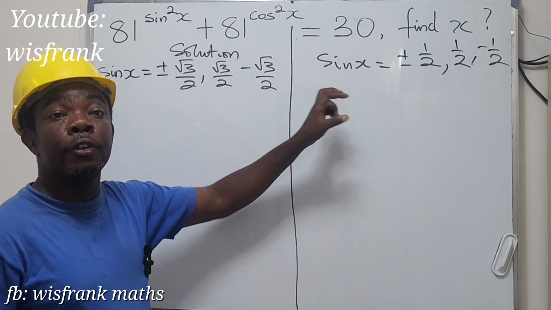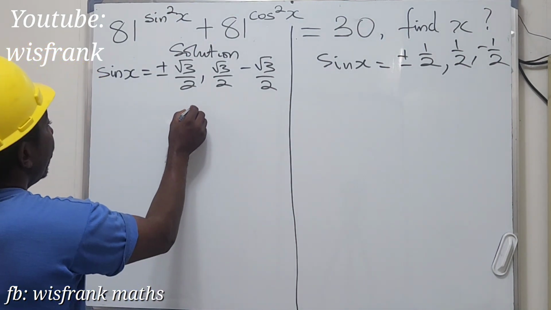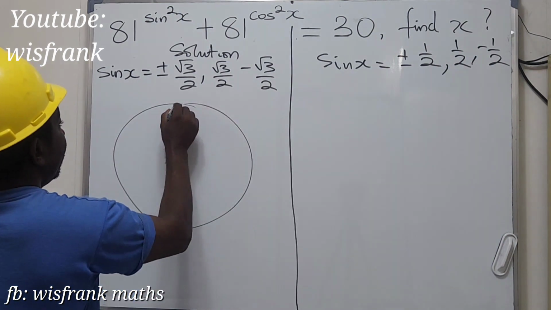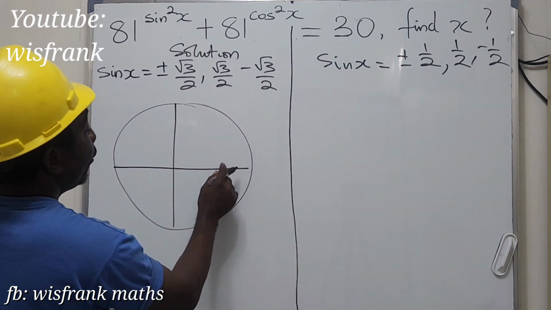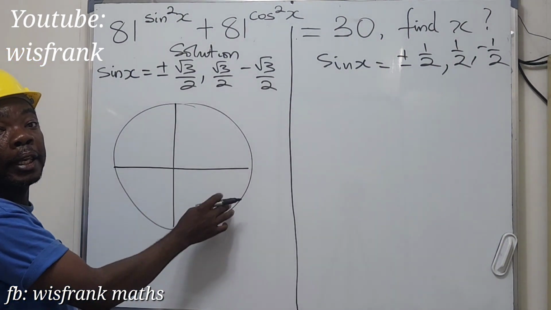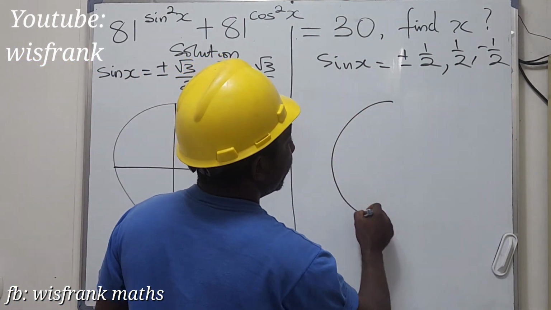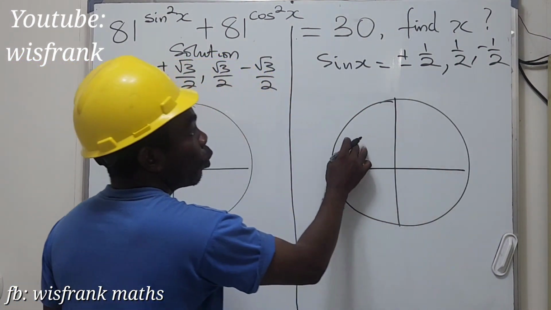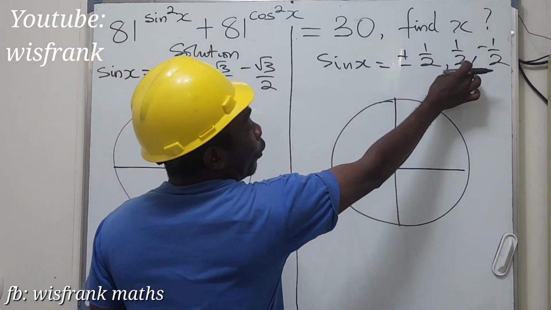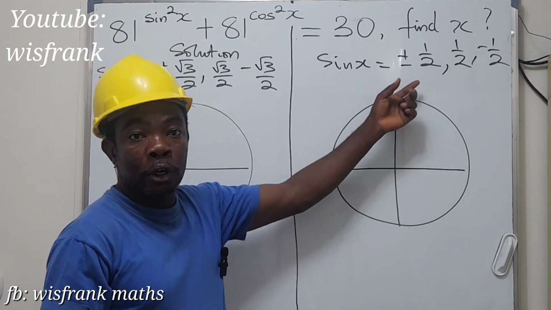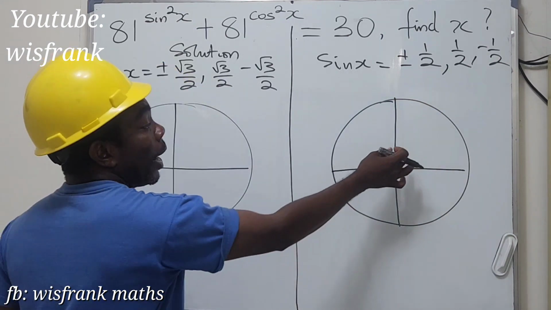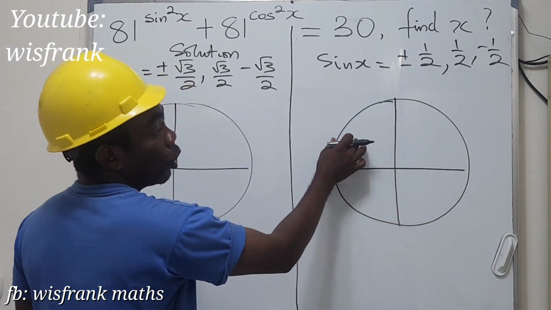So for us to find the solution of this, we need to have a quadrant. We have it divided into 4: first, second, third, and fourth quadrant. Let's look at this. We have here the first and second quadrant, because we are looking for the value of plus 1 all over 2. We will have it positive on the first and the second quadrant.